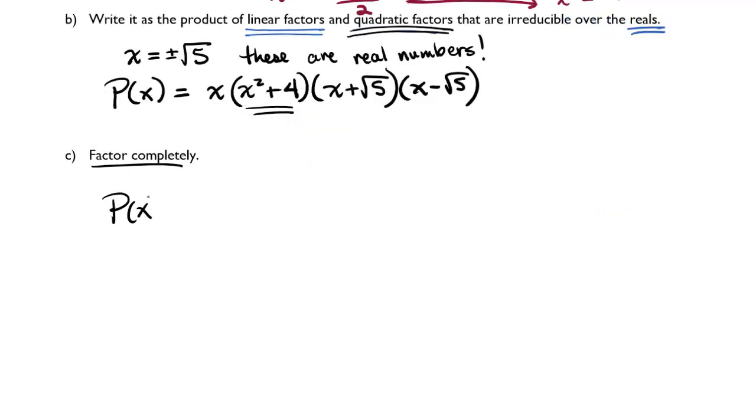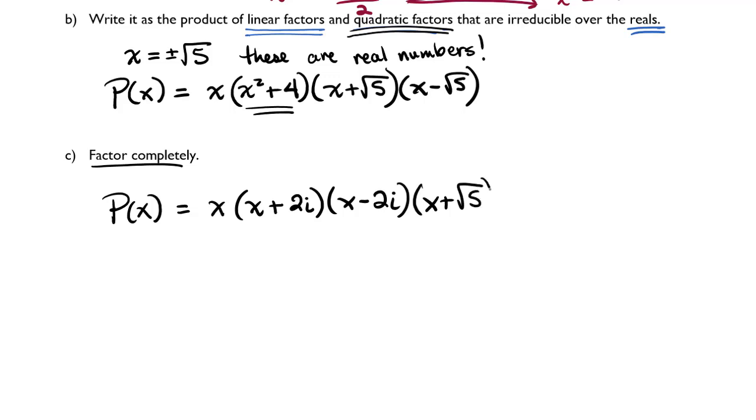And now I'm asked to factor it completely. So now we will have p of x is equal to x times x plus 2i times x minus 2i times x plus root 5 times x minus root 5.